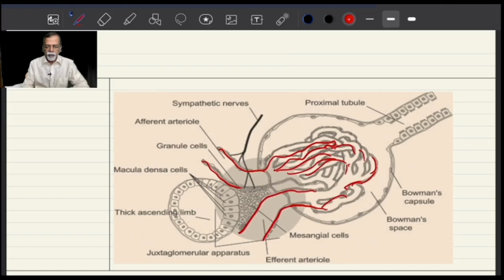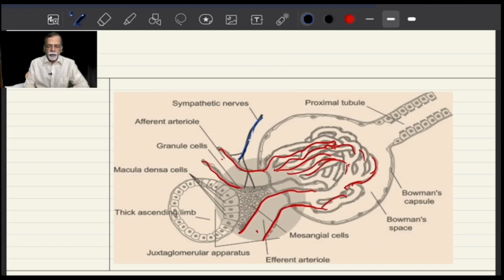So this is the efferent arteriole and this is the afferent arteriole. The afferent arteriole is thicker than the efferent arteriole and it is under neural control and also control by the macula densa and the juxtaglomerular cells, about which we will discuss later.